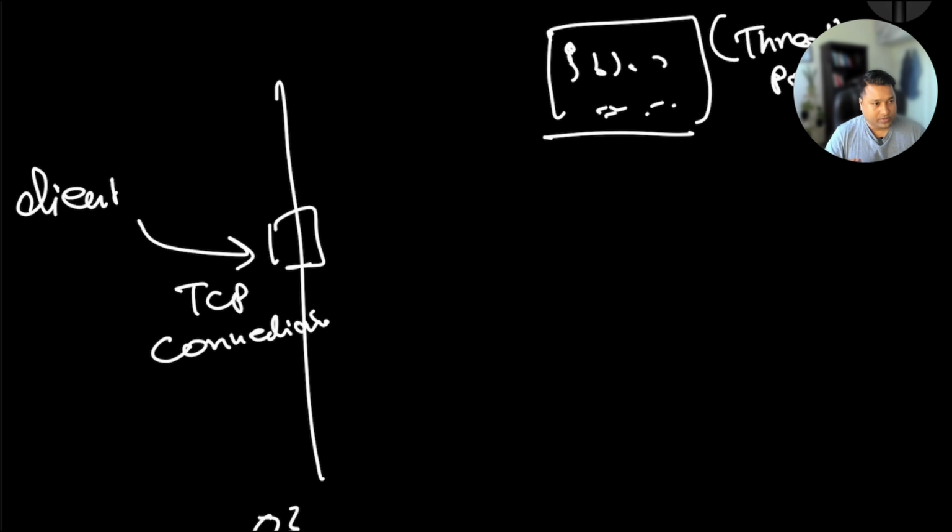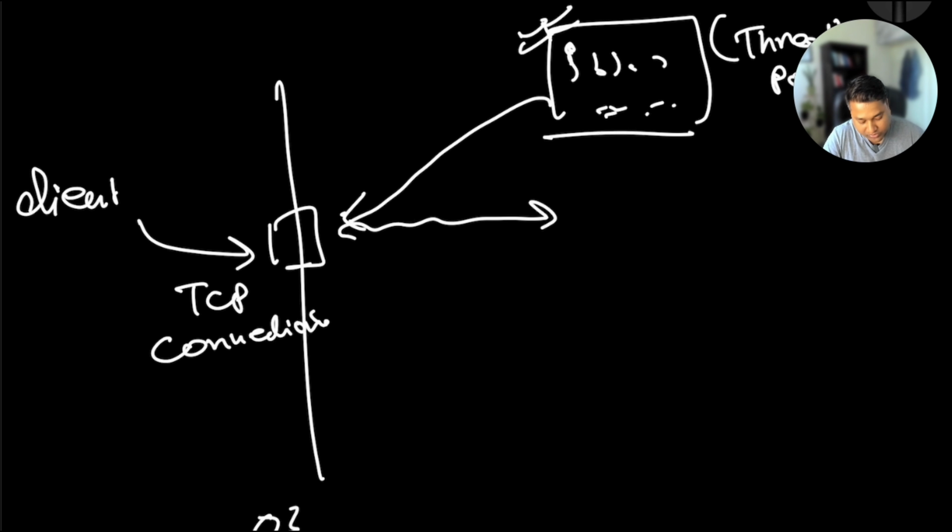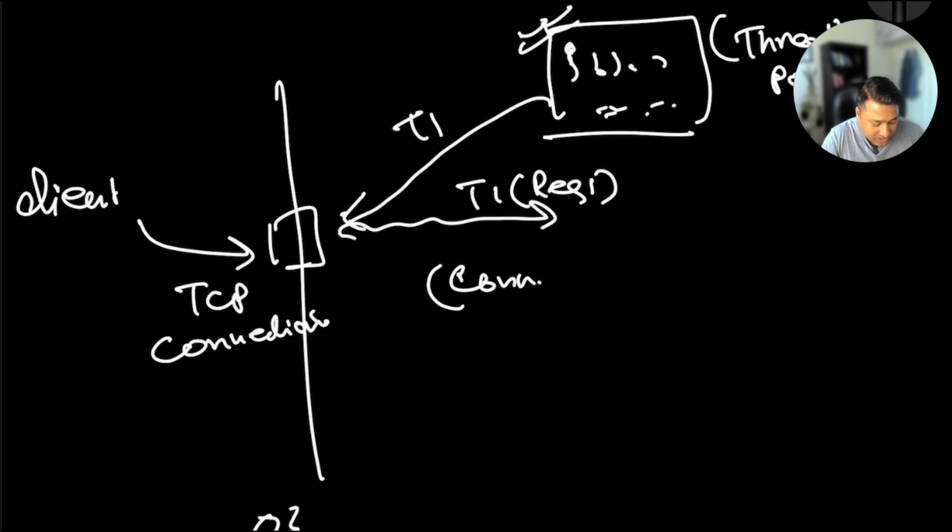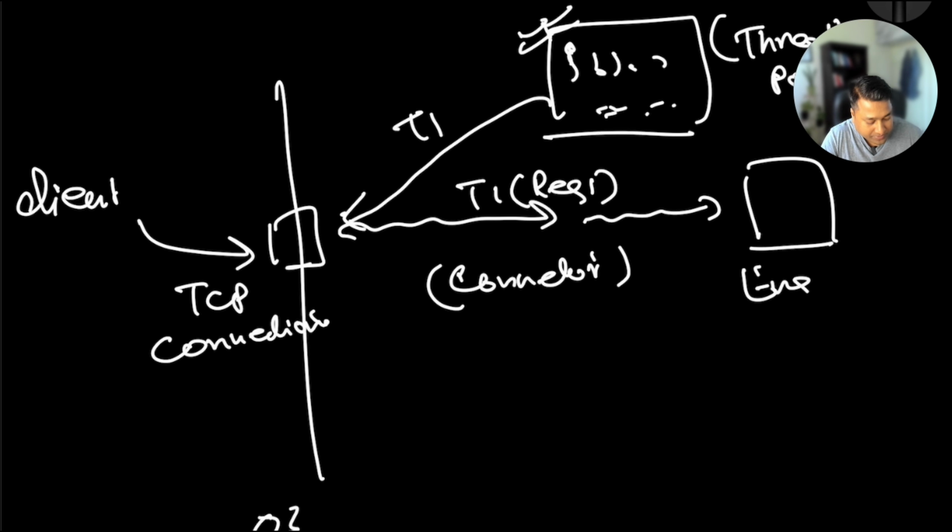Now if your thread pool has some available threads, then one thread will be allocated to one request. So this will take one request, let's say this is T1, so this T1 will take up your request 1 and take it to the connector, and then it will take this request to your component, which is your engine.